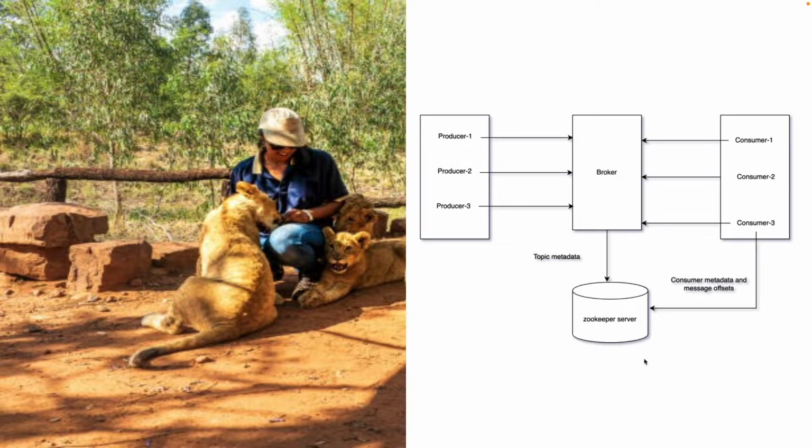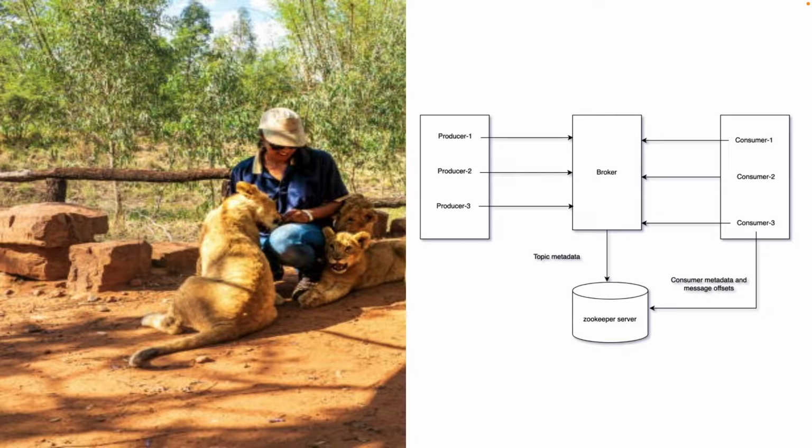You can see here we have our producers connected to the broker, and we also have our consumers consuming from the broker. We also have a Zookeeper server. Both the broker and the consumers use Zookeeper.